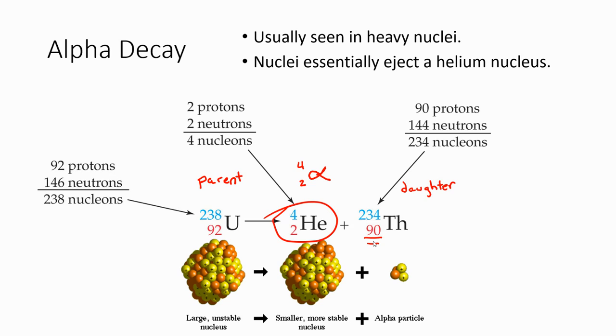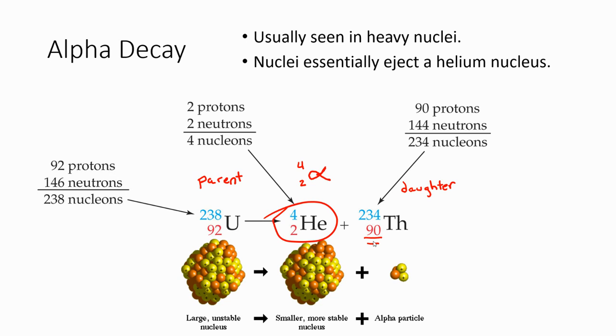This is the element thorium. The mass number will also decrease, but it will decrease by a total of 4 because a nucleus of helium is 2 protons and 2 neutrons. So we're losing 4 what we would call nucleons, and so our mass number has to decrease by 4.